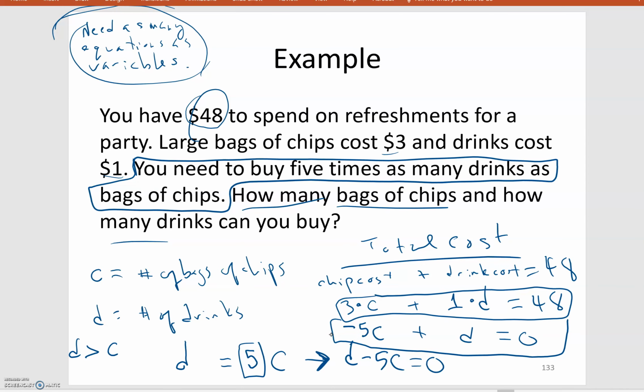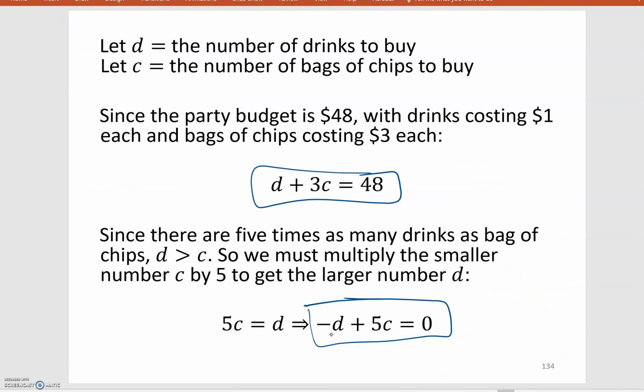The only difference is whether you wrote 5C equals D or D equals 5C. Either one of those is totally valid, and then we solve for 0 and move ahead. Our matrices in the end will be the same, and we would get the same answers.